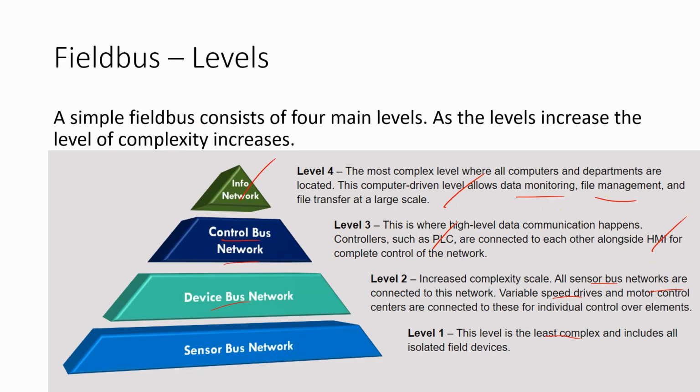A lot of fieldbuses at the lower levels, especially these two, are non-TCP/IP based. Level 3 and above are all TCP/IP based, if you talk about the modern ones. All these lower ones are basically serial connections.